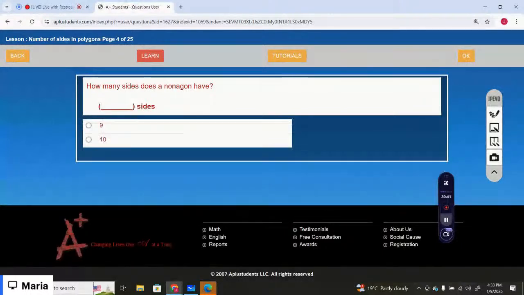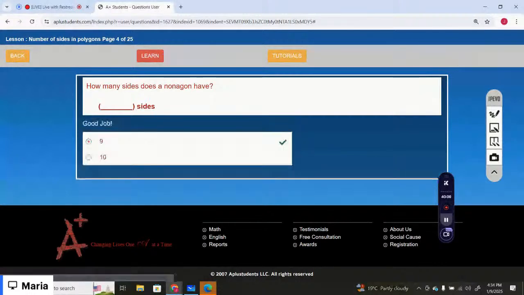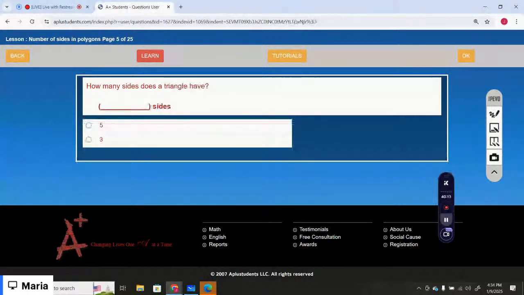How many sides does a nonagon have? So which is the correct option? A nonagon has nine sides. Option number one is the correct option. That is nine. How many sides does a triangle have?